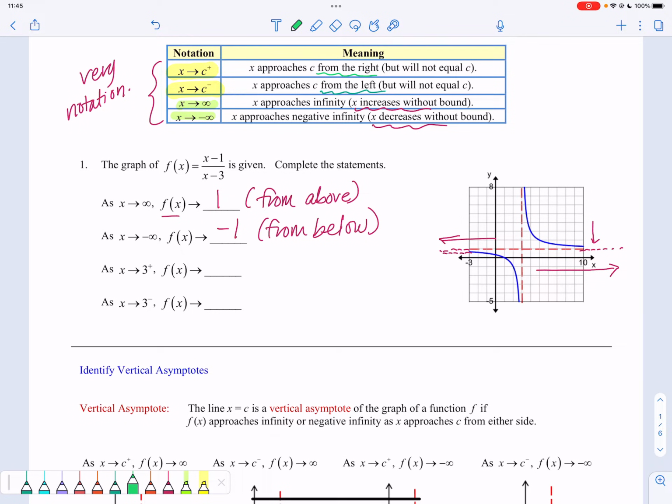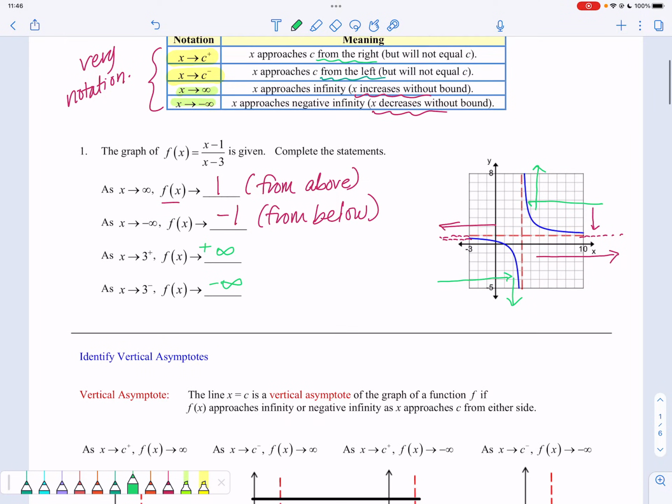As x approaches 3 coming from the right, the x's are getting very close to 3. Look what those y values are doing. They're going to positive infinity, and you can put a plus in front if you want. As x approaches 3 coming from the left, those y values are going to negative infinity.